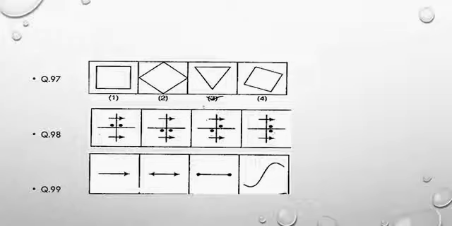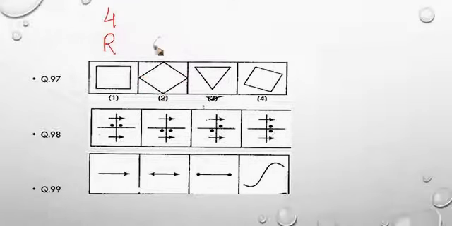Question number 97. There are 4 options given. In the first option, there is a rectangle which has got 4 sides. In the next option, option number 2, there are 4 lines to the design.